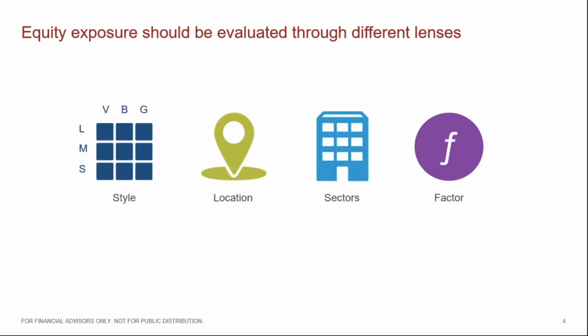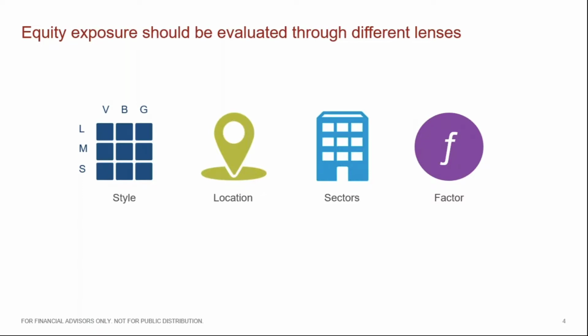Location's another one. How much do you have in any geographical location? How much do you have in emerging markets, Canada and the US, developed international, et cetera, however you want to think about that. That gives you an indication of the risk and return profile of your portfolio. Sectors is traditionally the way you do that as well. If you have a significant weight to financials recently, you clearly have some value exposure. If you have tech stocks, you'll have some momentum exposure.